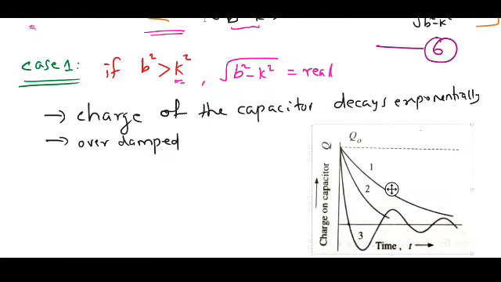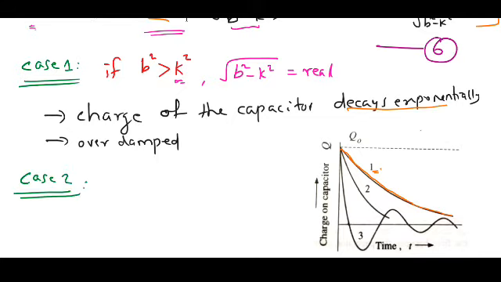So please look at this graph, that is case 1. That is an exponential decay. The graph decays exponentially and finally reaches the value 0. Fine. Now let us discuss case 2.